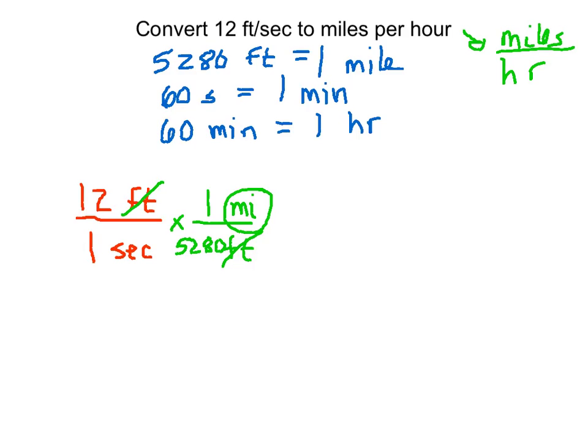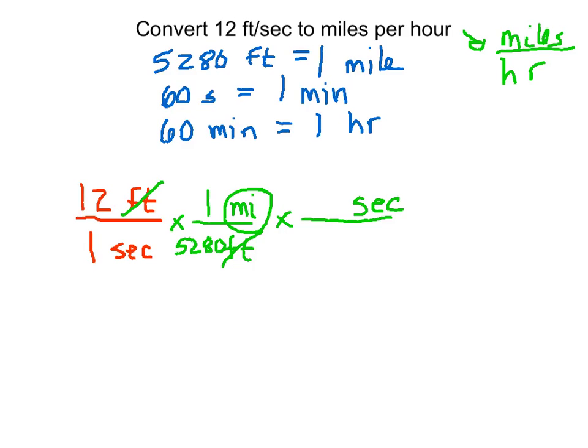Now the tricky part about this is in order to cancel out this unit that's in the denominator, I'm going to multiply by another conversion factor, but I'm not going to be putting the unit of seconds in the denominator here. I'm not going to go seconds to minutes or seconds to hours, whatever it may be. But since I want to cancel out seconds, and that's in the denominator, I would have to write that up here.